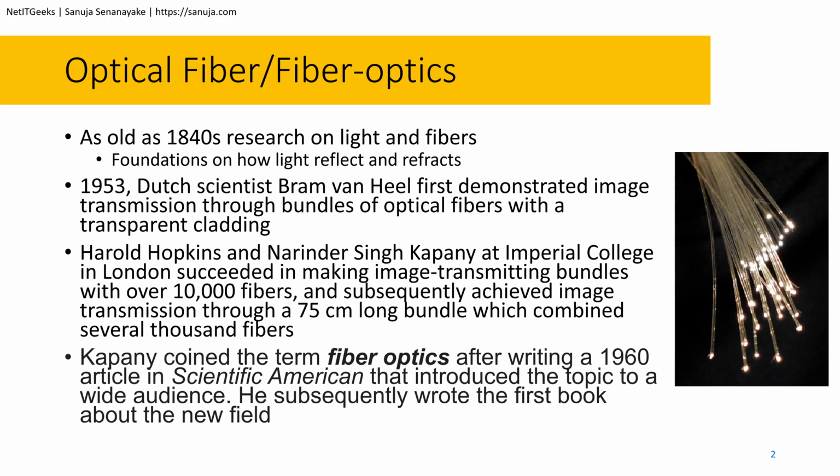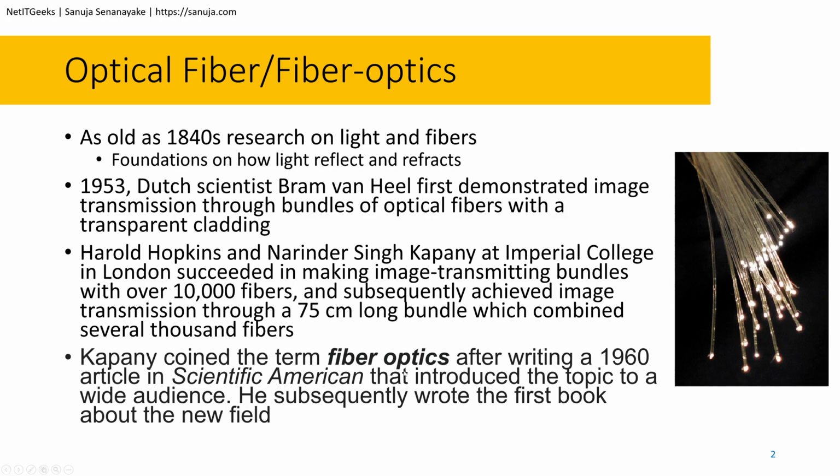Two other scientists later, at Imperial College of London, succeeded in making image transmission bundles with over 10,000 fibers, as opposed to a couple of fibers in a bundle in 1953. At Imperial College of London, they were able to use 10,000 fibers and transmit similar data across the system, using an image on one end and viewing it on the other end.